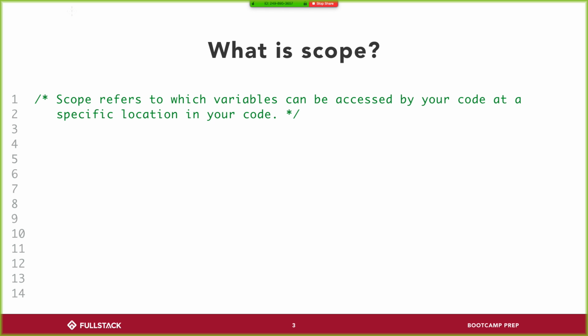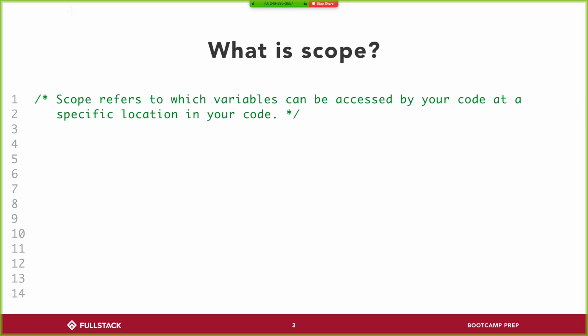So scope basically means which variables are available to be accessed by your code at a specific point in your code. When your JavaScript engine is evaluating through the code, it goes from top down, running through code.